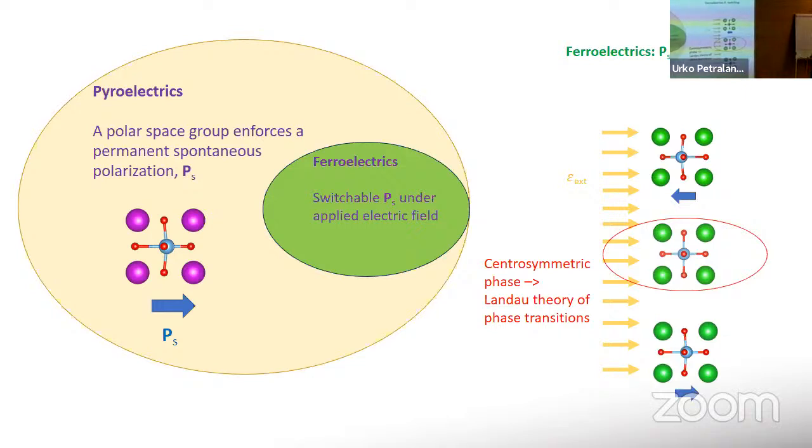And the second is that ferroelectrics normally arise after cooling from a centrosymmetric parent phase. So there's a phase transition that gives rise to ferroelectrics. And in fact, domain walls are understood best in the context of a phase transition. So let's look at phase transitions.